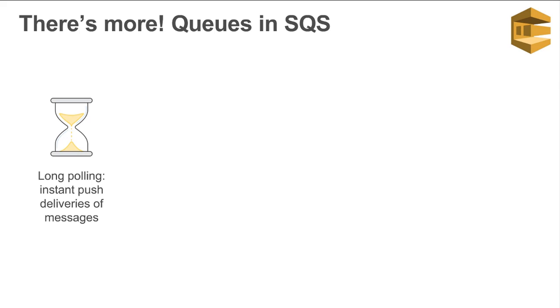The opposite would be kind of push delivery, where you would say, okay, if there's something in the queue, please call me back and let me know so I can actually process the message. Now that's risky because if there's huge traffic going into the queue, you would be overloaded by those notifications about messages in the queue. So long polling is actually the proper solution to this problem.